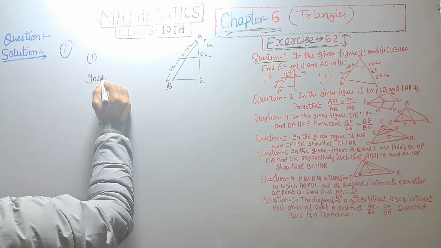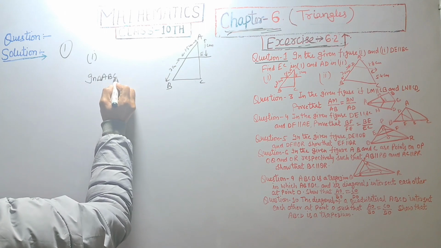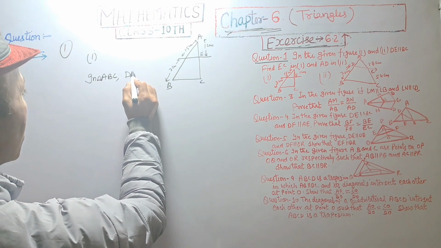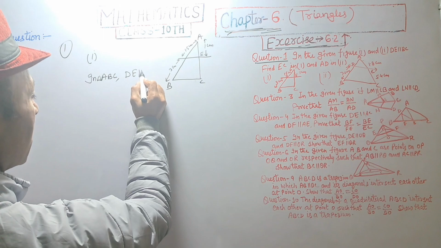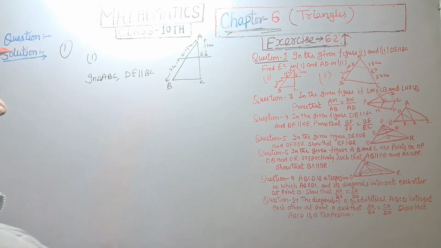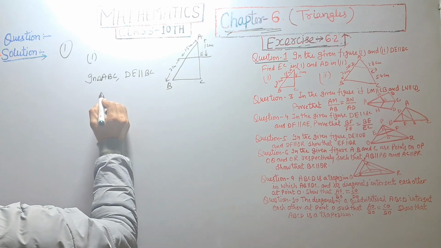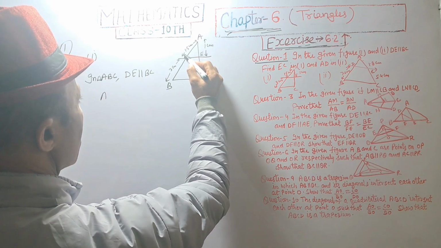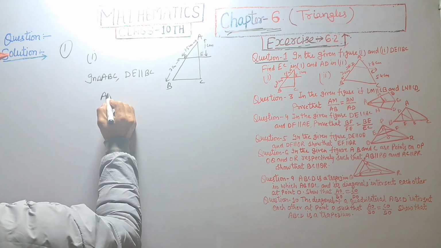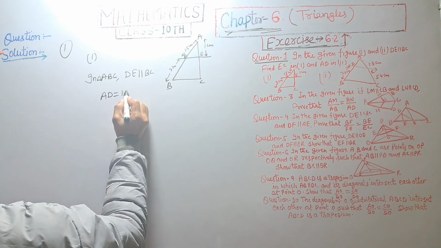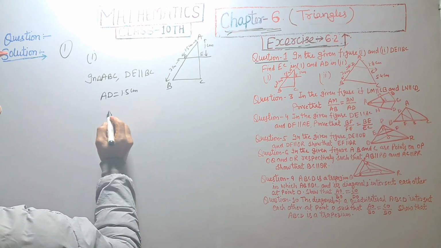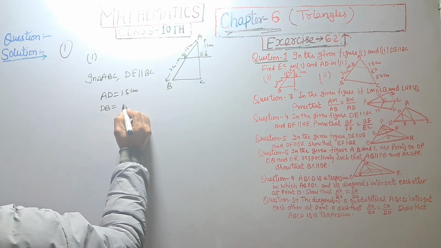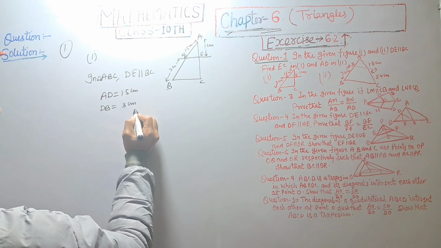In triangle ABC, DE is parallel to BC. AD is equal to 1.5 centimeter and DB is equal to 3 centimeter.